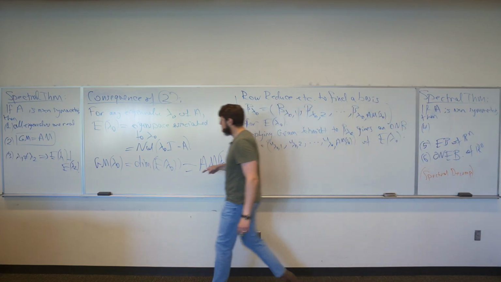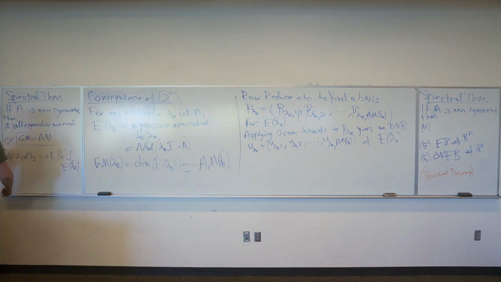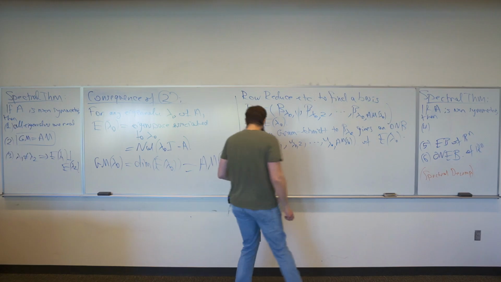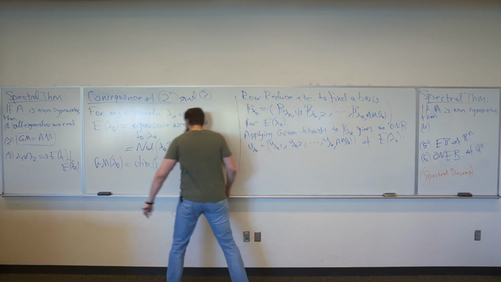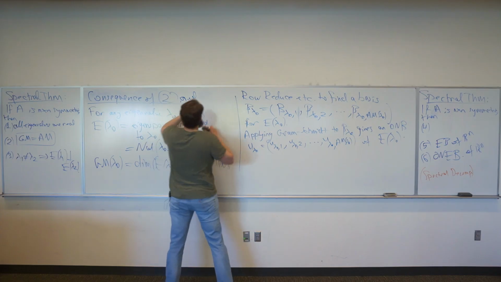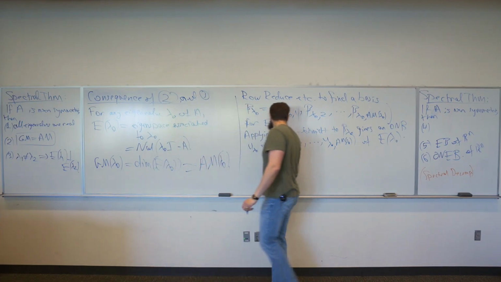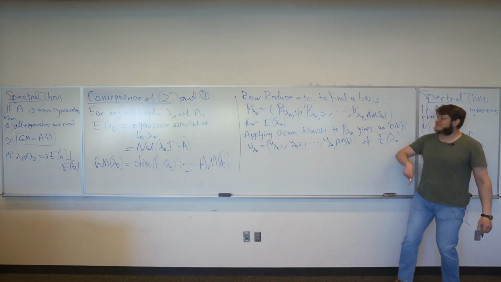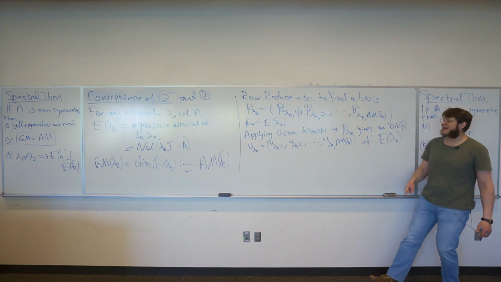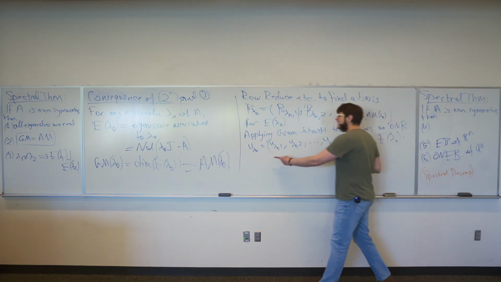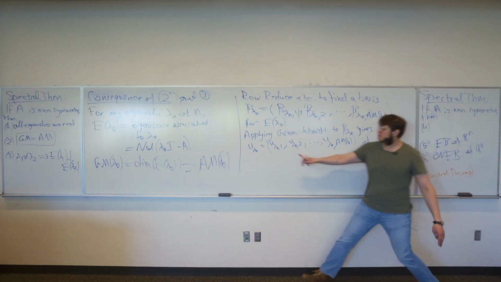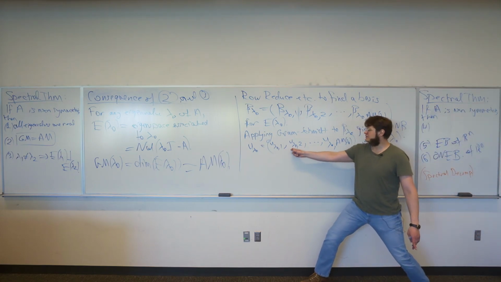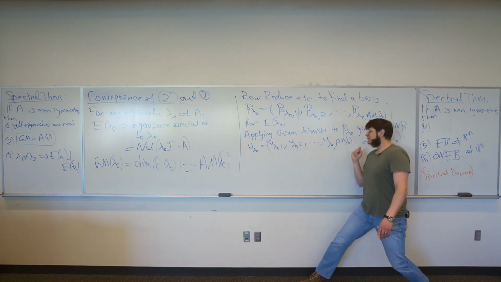But then that's where we're going to use, I think, at this point, item 3. Well, for each distinct eigenvalue, I have one ONB for the associated eigenspace. I know at this point that this is perpendicular to this is perpendicular to this, whatever.